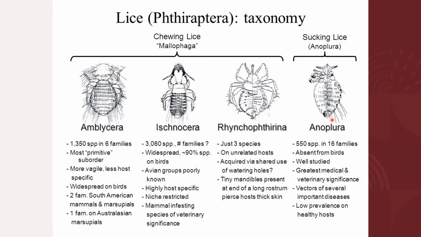For the Anoplura, or the sucking lice, there are about 550 species described. These are absent from birds. They are well studied and are of greatest medical and veterinary significance. They are important because they serve as vectors of several important diseases, and they have a low prevalence on healthy hosts.